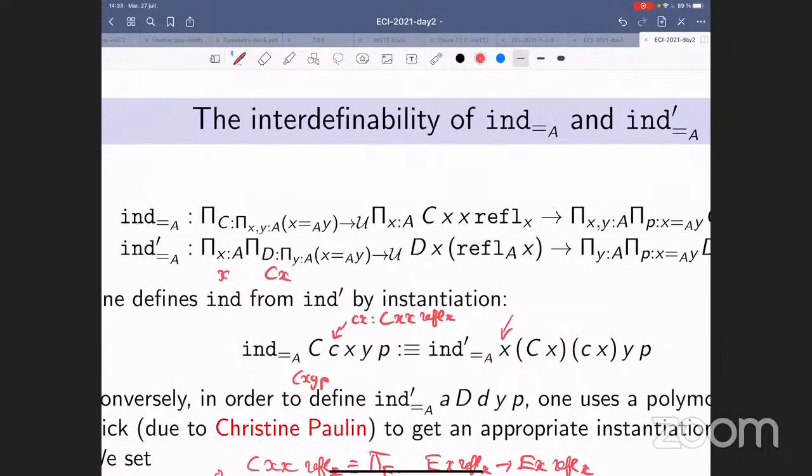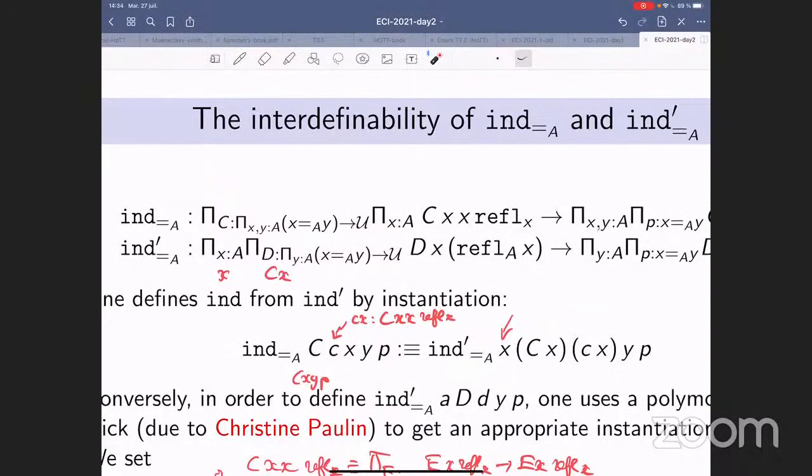C was of this type here. But after application to X, the X here has disappeared. So it's of type pi Y of type A, X equals Y. So this is correctly typed.